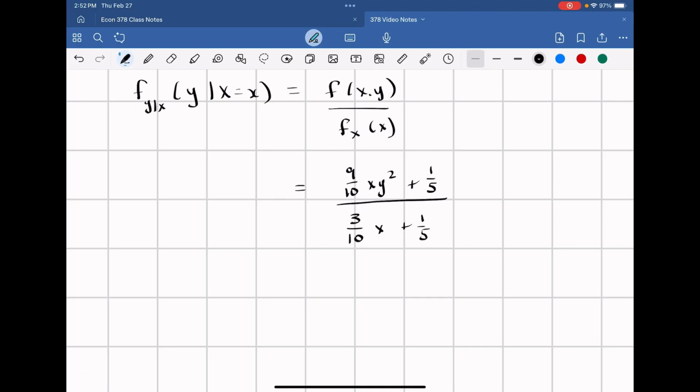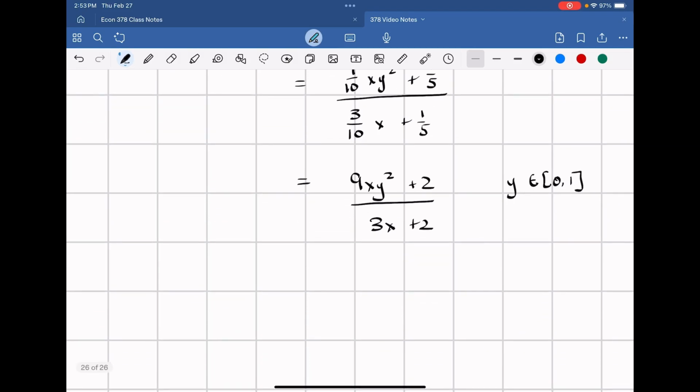Now we can simplify by multiplying the top and bottom by 10, which gives a more simplified conditional distribution of (9x y squared plus 2) divided by (3x plus 2), for when y is between 0 and 1.